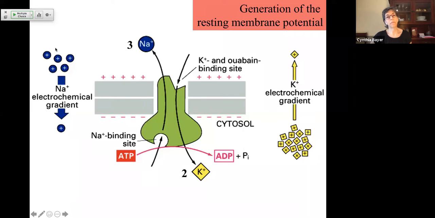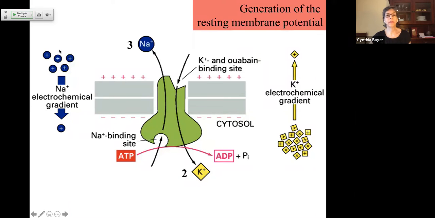We have about 10 to 30 times more sodium ions outside the cell than inside, and this is going to be cell type dependent, a much higher concentration of sodium ions outside the cell due to the pumping of sodium ions from the inside to the outside. This means that a sodium ion channel, when it is open, will allow very rapid influx of sodium ions from the outside of the cell to the inside.